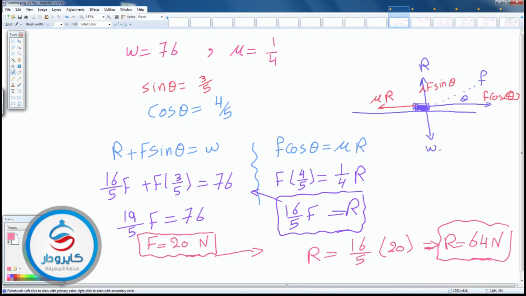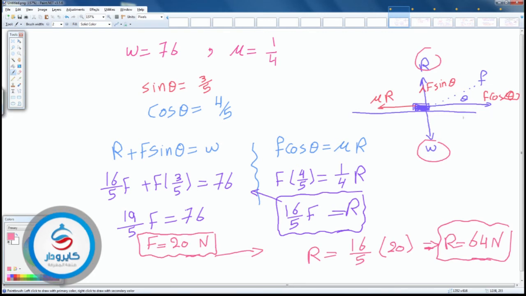Here is the body and this is the weight and this is the normal reaction. He asks us to find the real value of both the force which is pulled and the reaction. This force pulls the body, but it's not a horizontal or vertical force, it's just a force inclined on the horizontal by an angle theta, and its sine is equal to 3/5.